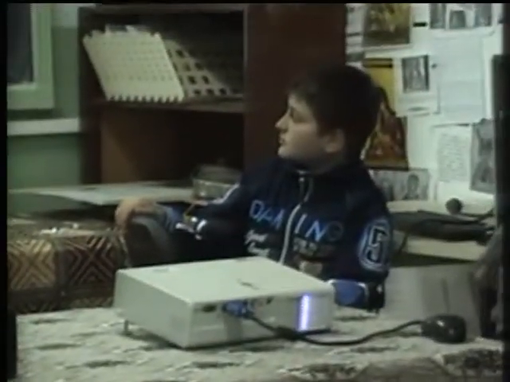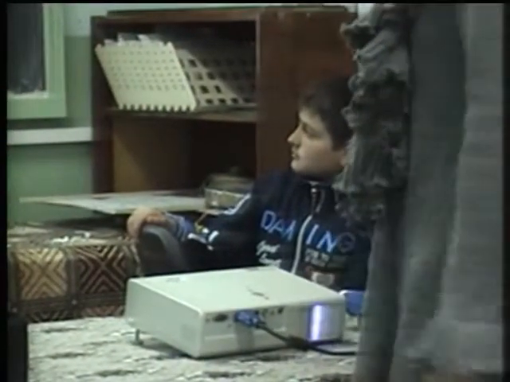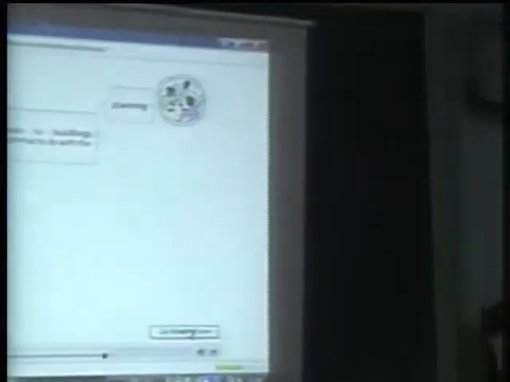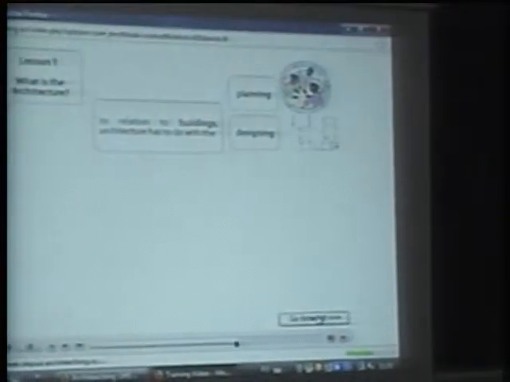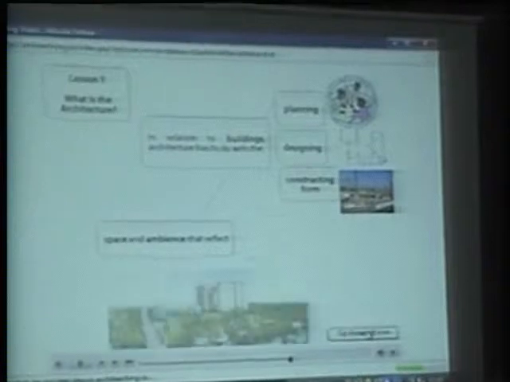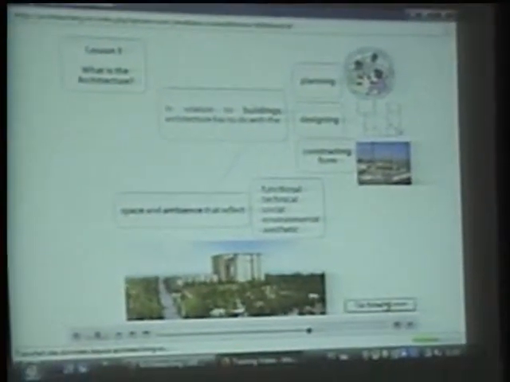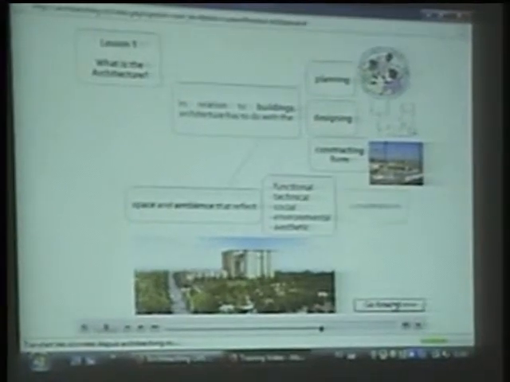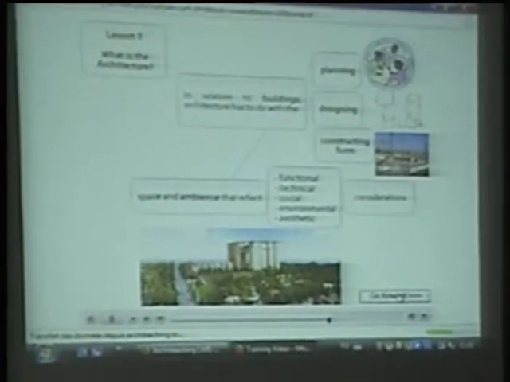It is commonly used in describing information technology. In relation to buildings, architecture has to do with the planning, designing, constructing form, space and ambience that reflect functional, technical, social, environmental, and aesthetic considerations.